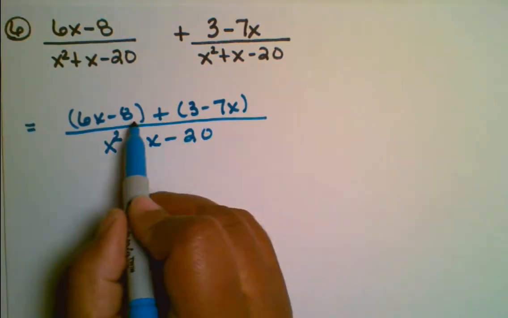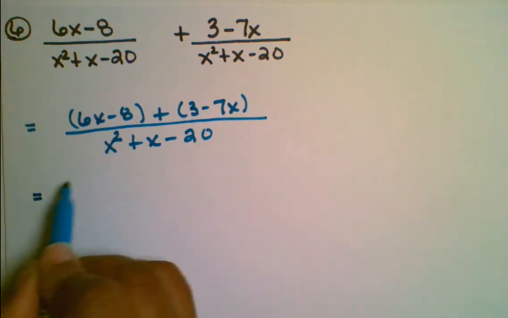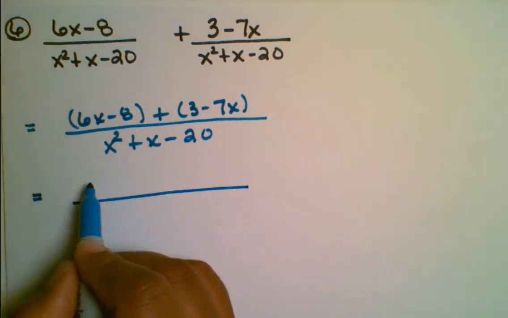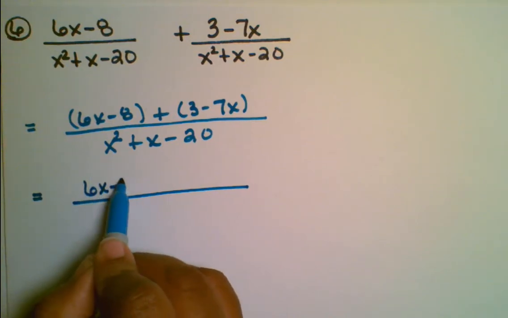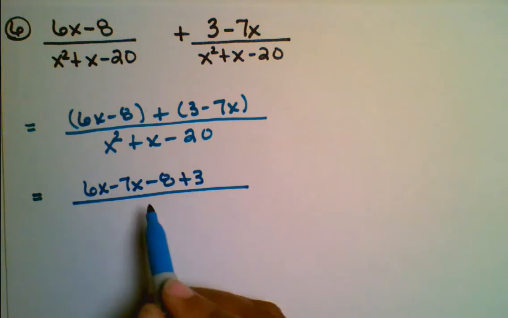So now that we're adding the two polynomials together, what we're going to do in the numerator is combine our like terms. Drop the parentheses, combine the like terms.